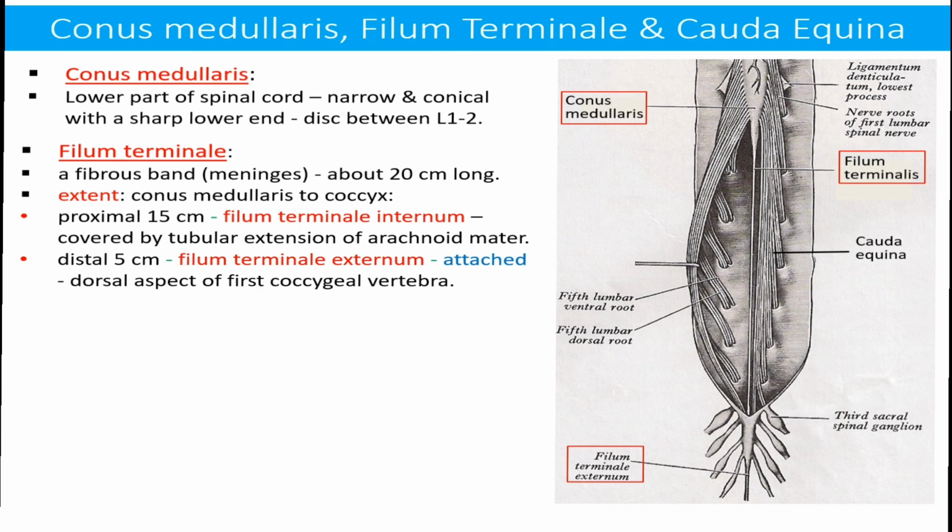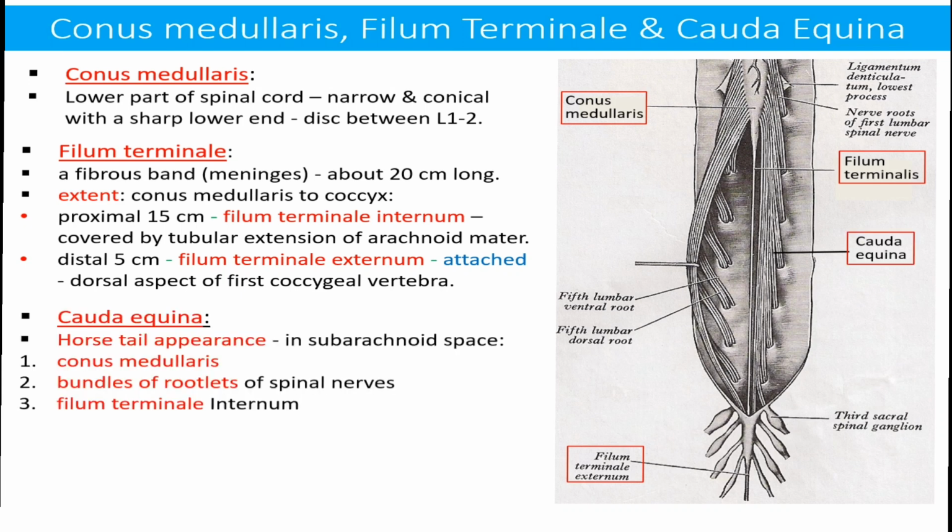It is divisible into two portions. The proximal 15 centimeters, which is covered by a tubular extension of the arachnoid mater, is named as filum terminale internum, and the distal 5 centimeters, which pierces the tubular arachnoid mater and gets attached to the dorsal aspect of the first coccygeal vertebra, is named as filum terminale externum.